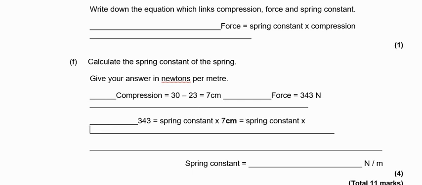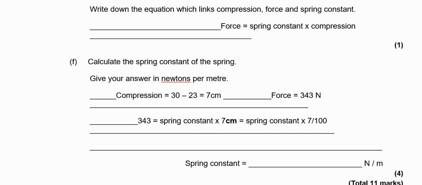Hopefully you remember that there are 100 centimeters in a meter. So there is 7 divided by 100 meters in 7 centimeters. If I tried this the other way around and thought that maybe I needed to multiply by 100, I need to think very carefully.